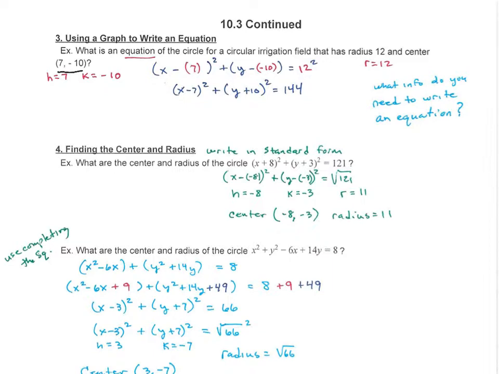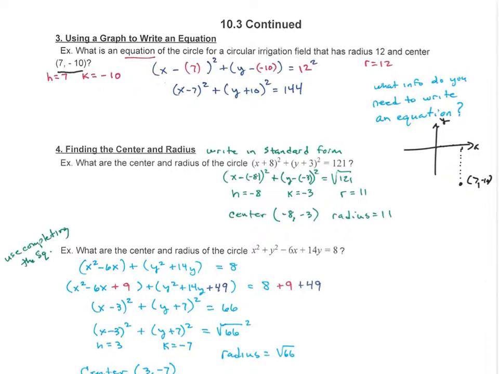If I were looking at a coordinate plane, the center is going to be 1, 2, 3, 4, 5, 6, 7, and then down 1, 2, 3, 4, 5, 6, 7, 8, 9, 10. So I'm going to have the center of that circle down here at 7, negative 10. And it says, what is the equation of the circle for the irrigation field with a radius of 12?